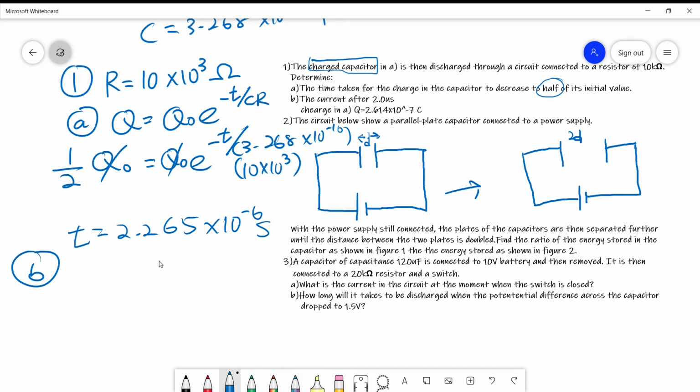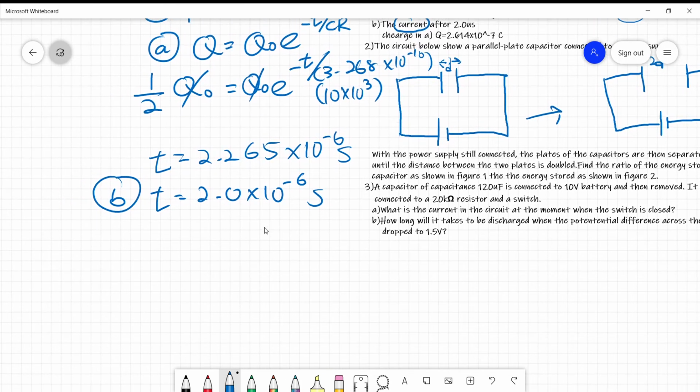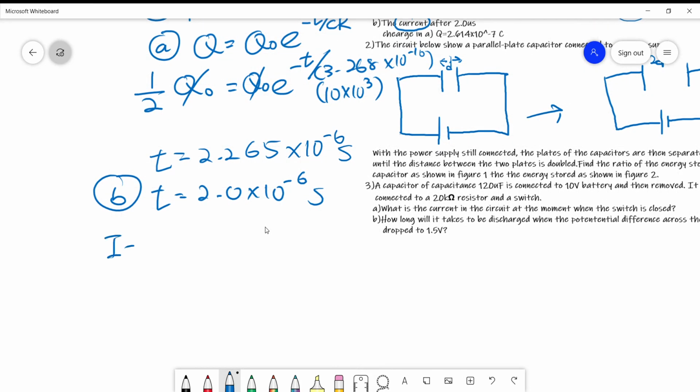The current after 2.0 microseconds, so t is basically 2.0 times 10 to the power of negative 6 seconds. For the discharging circuit, we know that the current I is equal to I naught e to the negative t over CR.